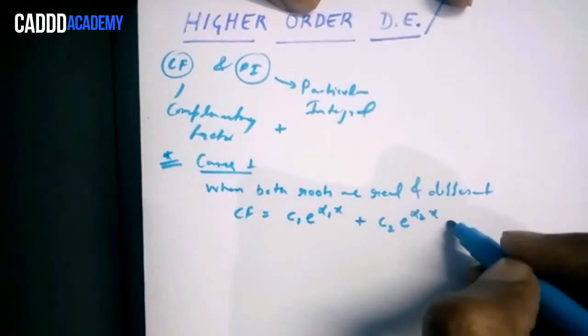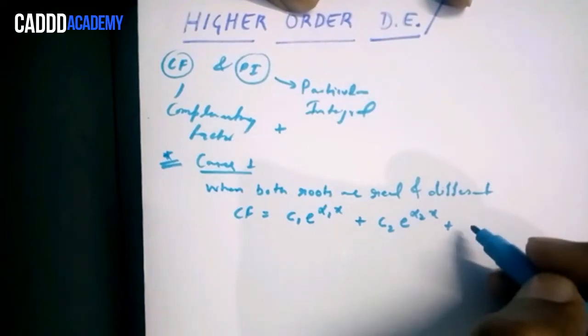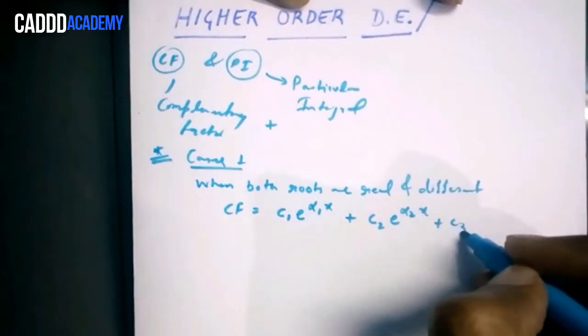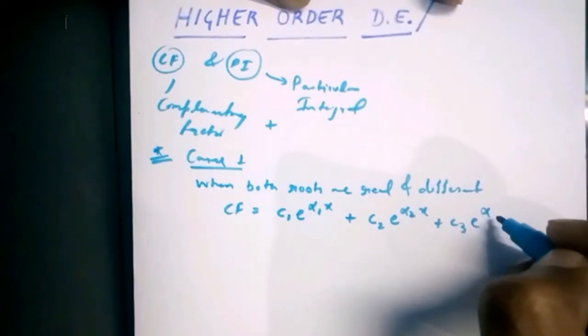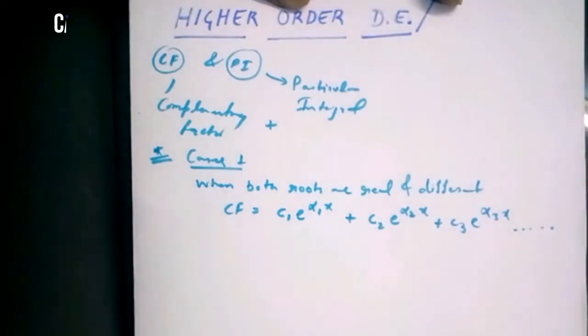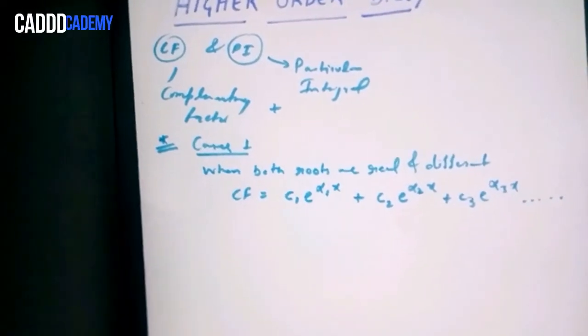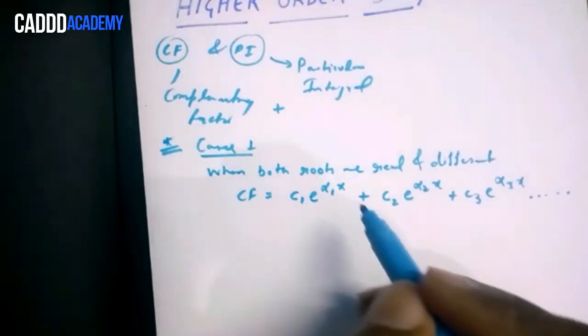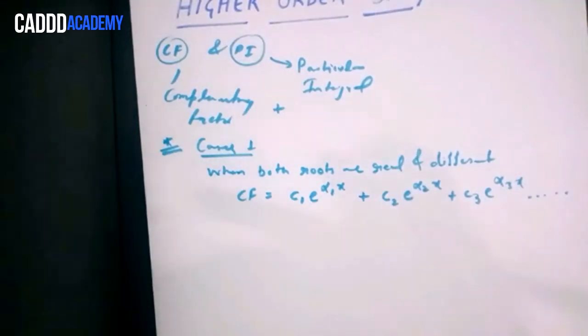And if we have three different roots, for a third order differential equation, then plus C3 e to the power alpha 3 x and so on. So this was for the equation which has different roots.